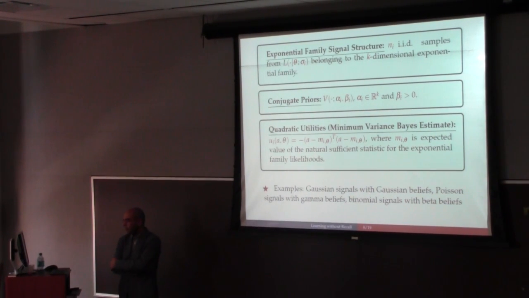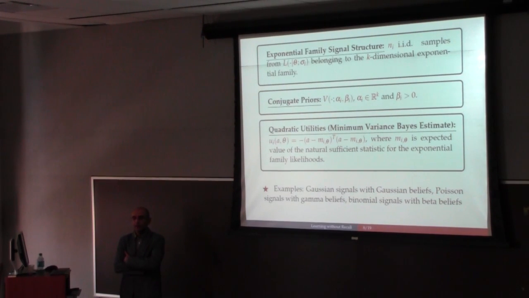The exponential family is a very common family. Many of the known distributions belong to that. Gaussian signals, Poisson signals, all of them belong to the exponential family. And we need their beliefs or the priors that they have to be conjugate to those exponential family likelihoods.